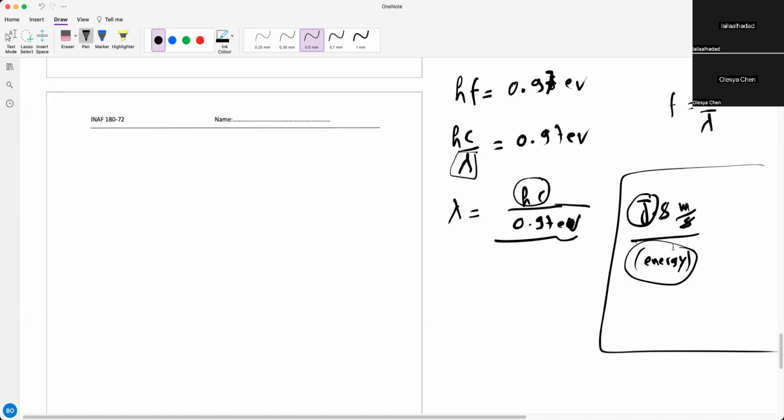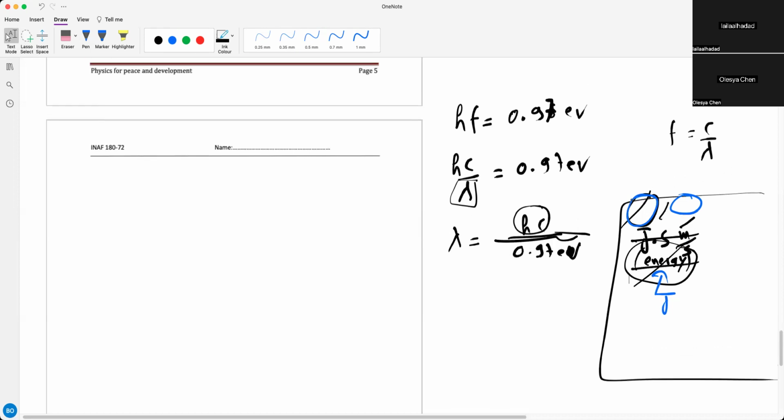This must be in joule, because then I can cancel and I get the unit of the wavelength, which is meters. So that's why you have to convert this to joule. Oh, okay.